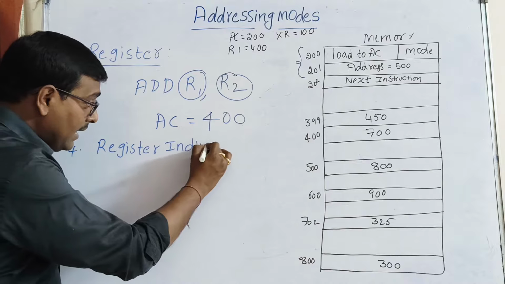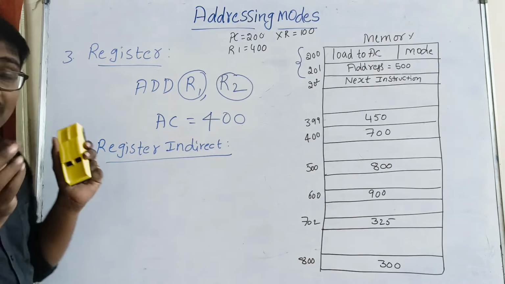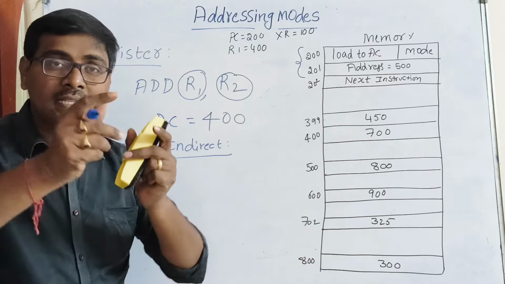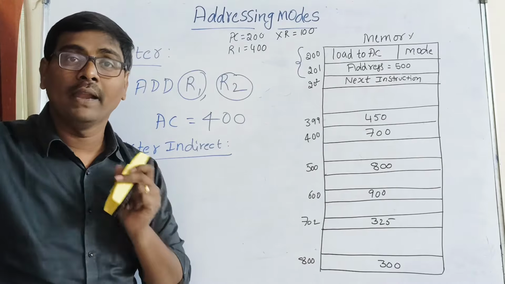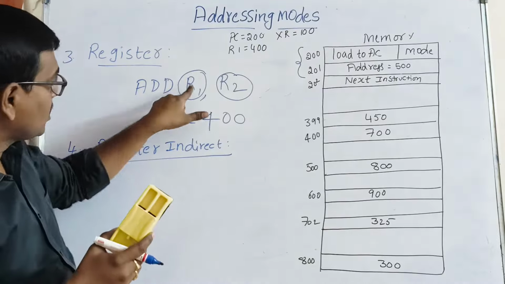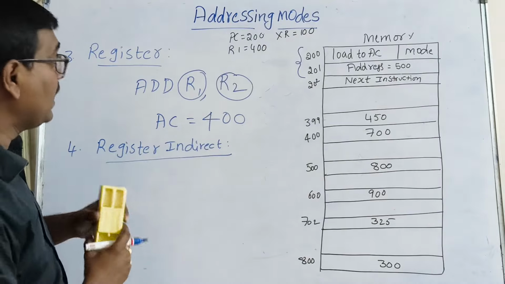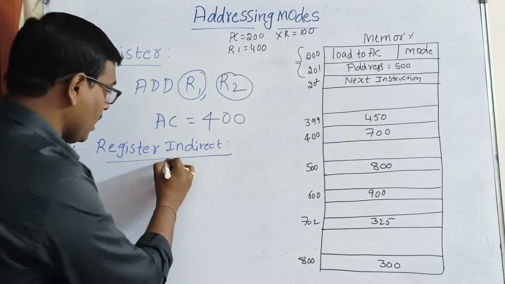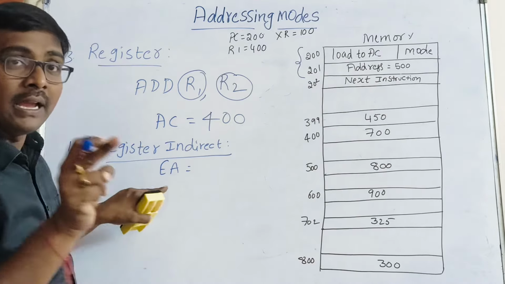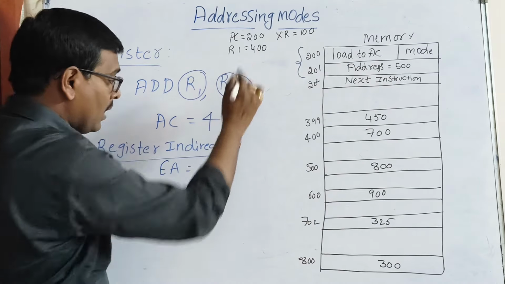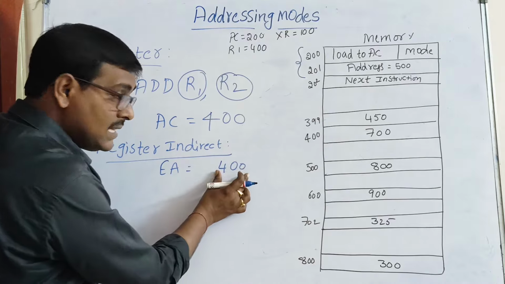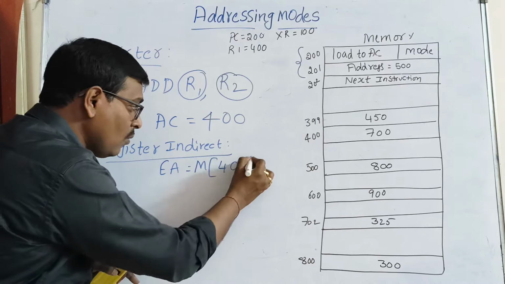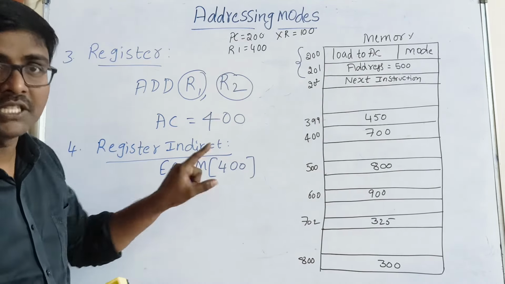Register indirect addressing mode. Register indirect addressing mode means here the register contains the address of the operand in the memory location. In register direct mode, the register directly contains the operand, but in this case the register contains the address of the operand. Now what is the effective address? Simply R1, 400. This is not the operand. It is the 400 location, M of 400, in the sense memory.